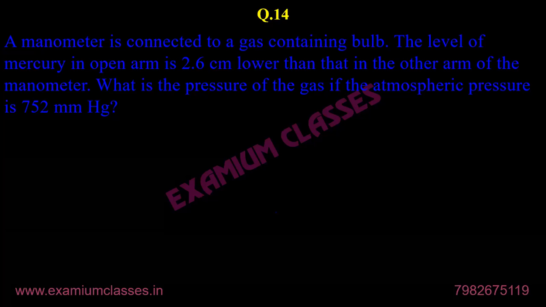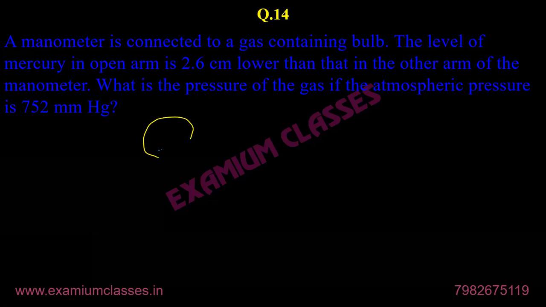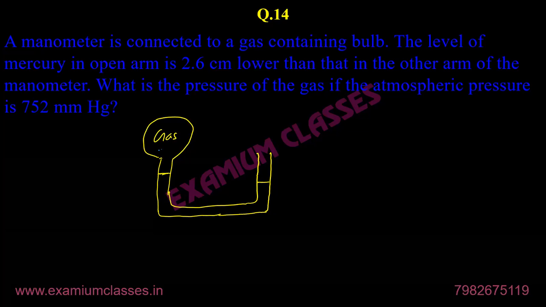If you are not getting it, this is a type of arrangement, suppose like this. This is a bulb, here is some pressure, and you have some mercury. So mercury is filled here. According to the question, this is gas, and here you have mercury.